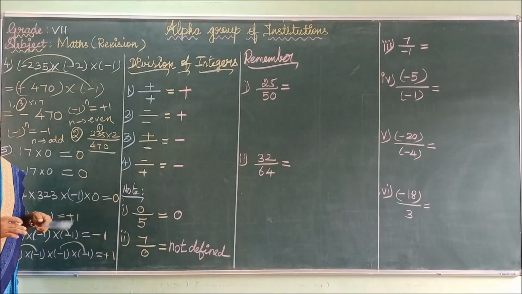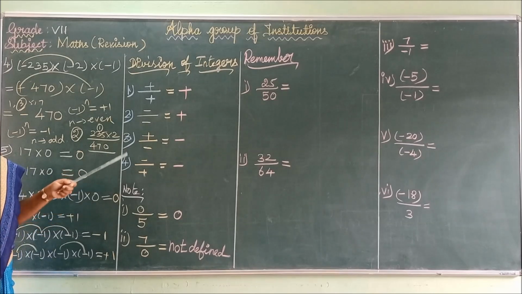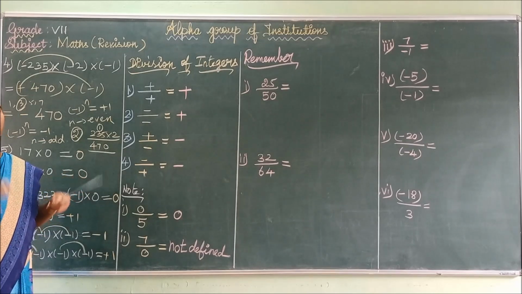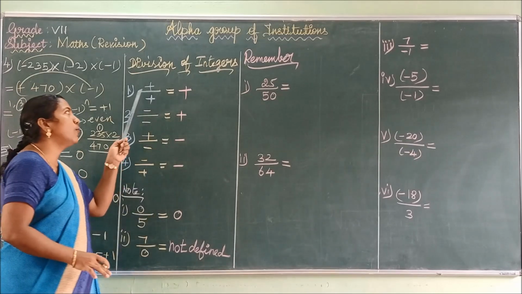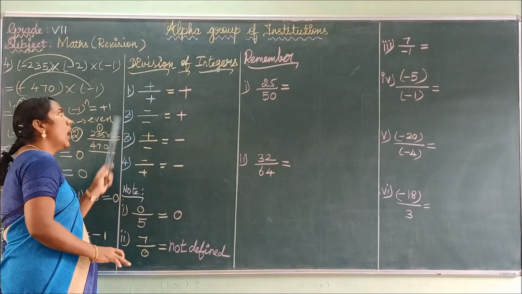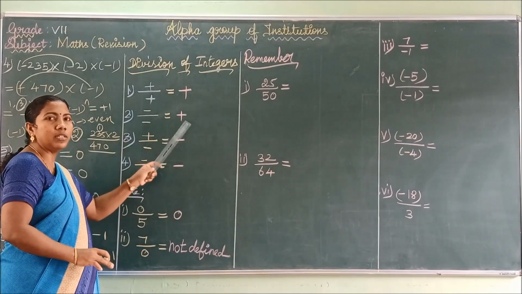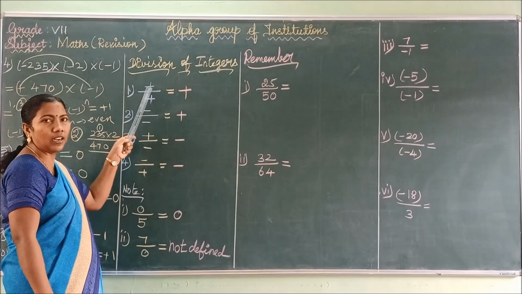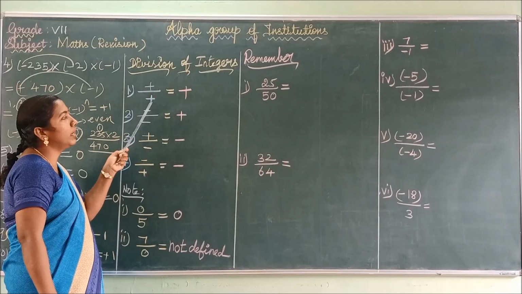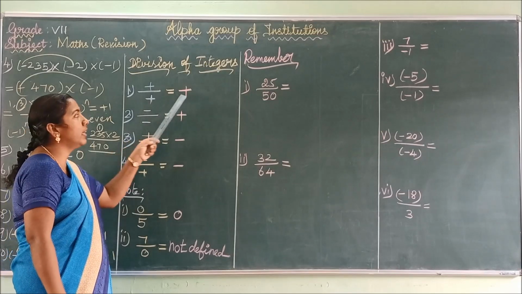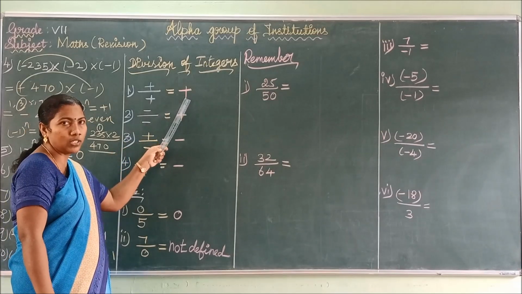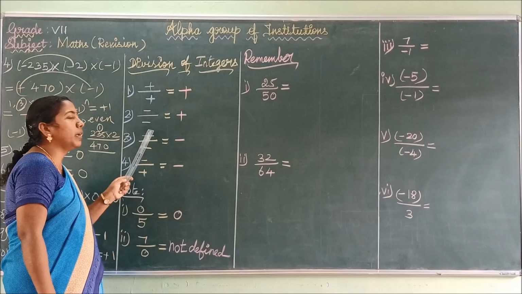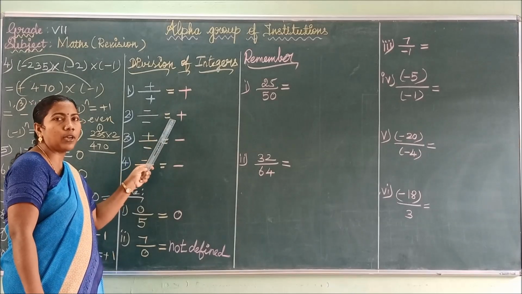Now we are going to discuss the concept of division of integers, how we are going to divide the given integers. Before that, we have to know how to divide the symbols. If the numerator has the symbol plus and the denominator has plus, you get the answer positive. Minus divided by minus also gives positive.